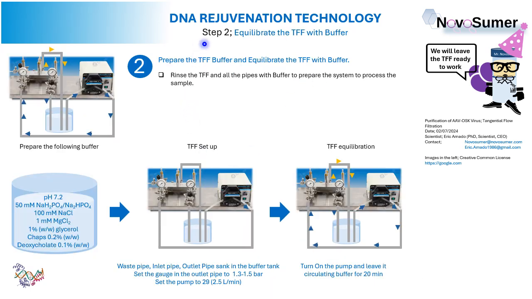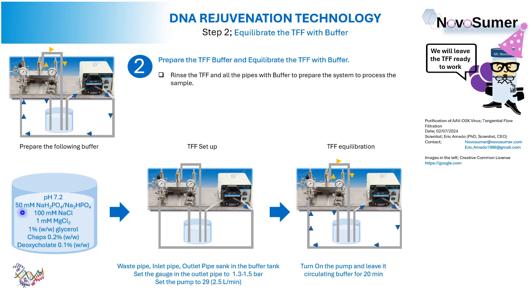Okay, so in the second step, a very easy step is just equilibrating the TFF with the buffer. So the first step is just preparing the buffer. I leave the ingredients here. You can read them whenever you want. I will just mention them, but the components are here for you whenever you need them.